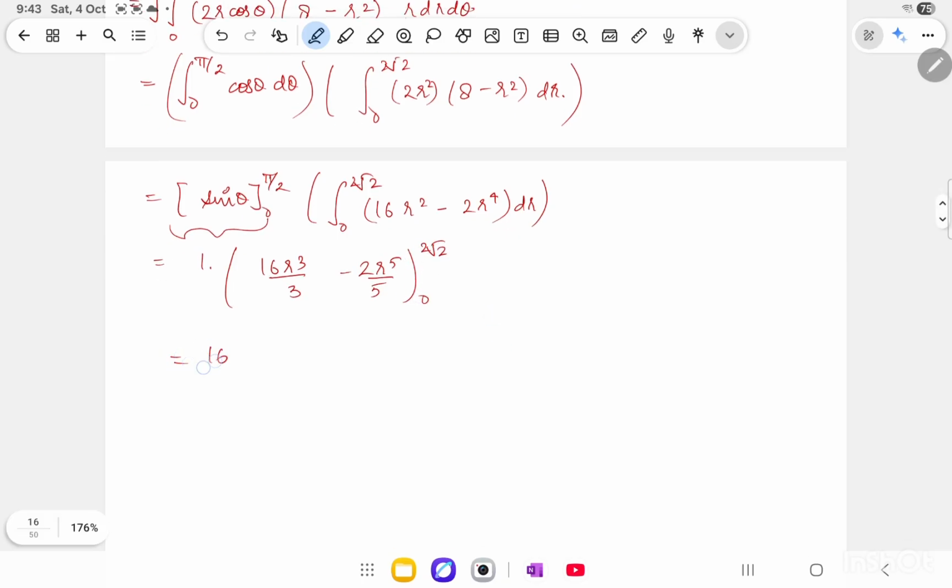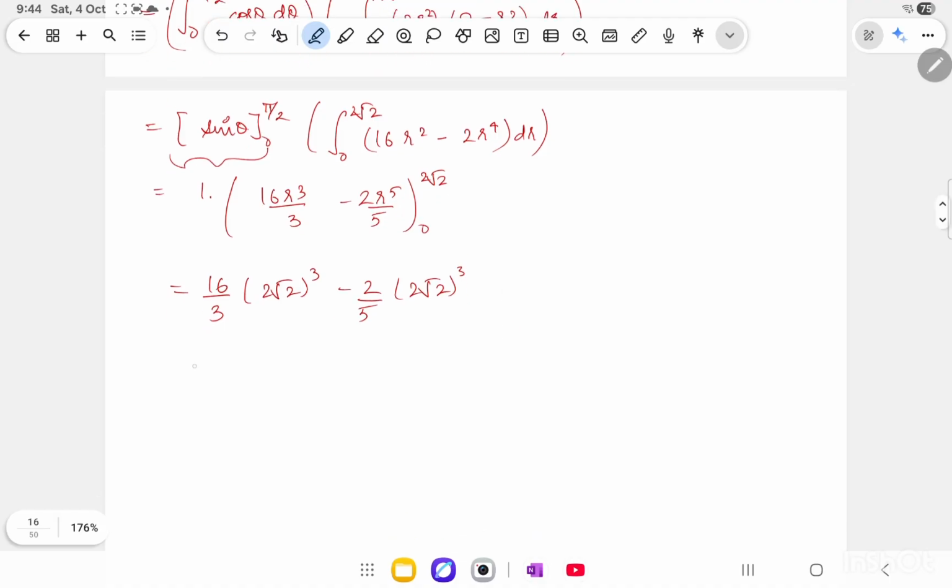That equals 16 by 3 into 2 root 2 cube minus 2 by 5 into 2 root 2 raised to 5, which equals 16 by 3 into 16 root 2, and here it is 2 by 5 into 2 raised to 5, which is basically 32, into 4 root 2.